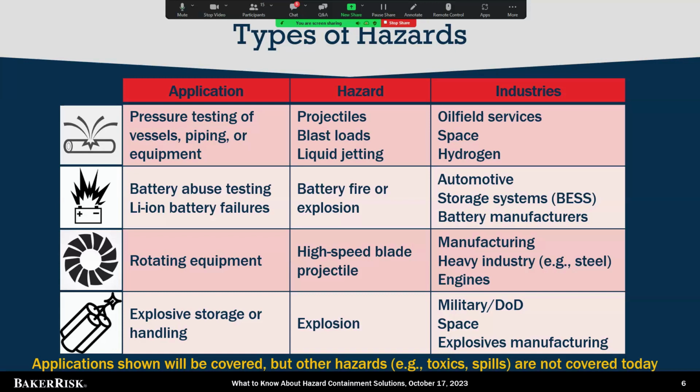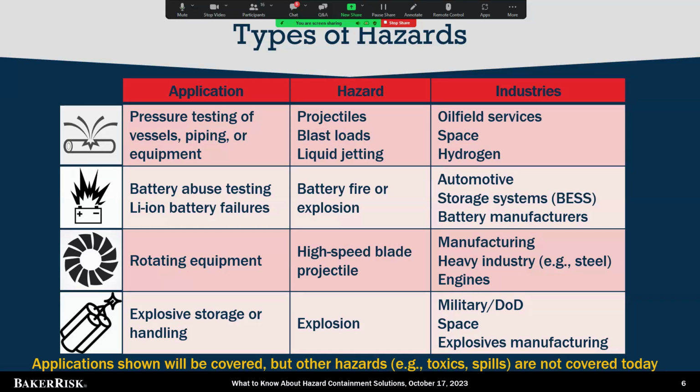Third one is rotating equipment. This covers a lot of different industries, specifically in manufacturing and heavy industry, as well as different types of engines. Main type of hazard with this would be what they call a blade off situation, when a blade from a high-speed rotating equipment accidentally fails or comes apart and then gets thrown at pretty high speeds.